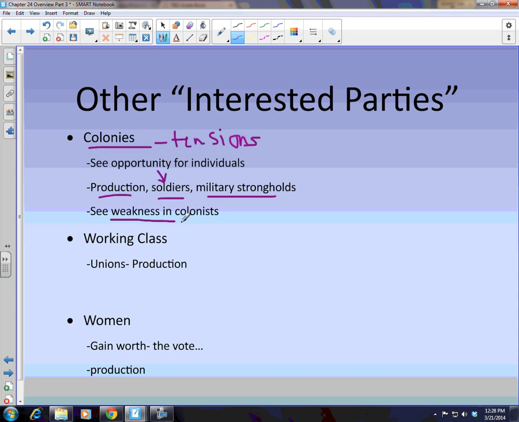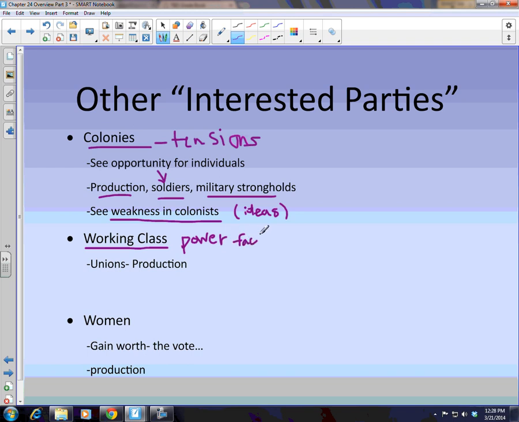This is the first time that these colonies see their colonists, the Europeans, as disunited and weak. So this kind of gives them ideas about, okay, these people are not the strongest people ever. The working class really gained power because of the need for goods from factories.